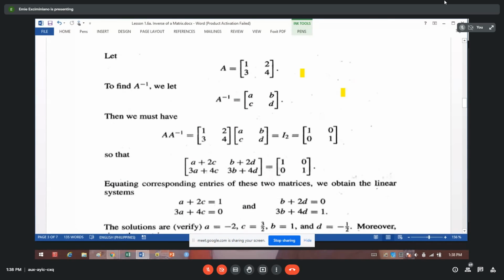Okay. 2 by 2 lang siya. Entries niya 1, 3, 2, 4. Let us try to find the inverse of A. Okay? Since unknown pa siya, yung inverse of A, kasi yung identity matrix, alam natin. Pag 2 by 2, ito, 1, 0, 0, 1. Di ba?